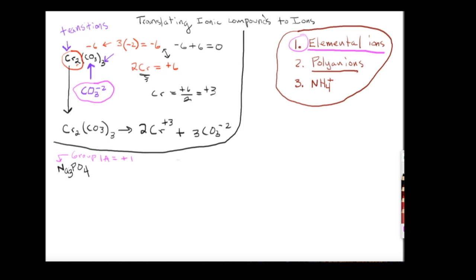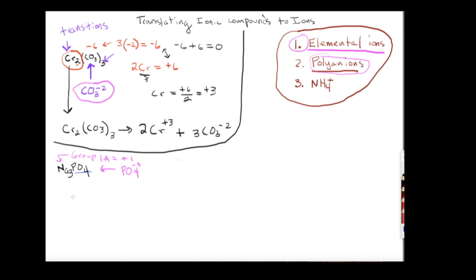Now let's just say for the sake of argument you don't. Well, you should also have the phosphate memorized because you know your polyanions, or at least I hope that you do. And the phosphate is PO4 minus 3. And you can see in the formula there's only one of these units here, but there's 3 of the sodiums.